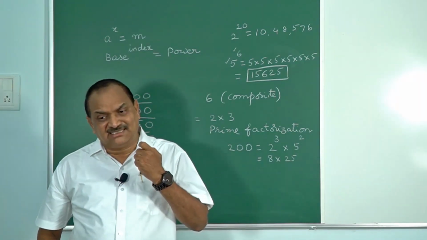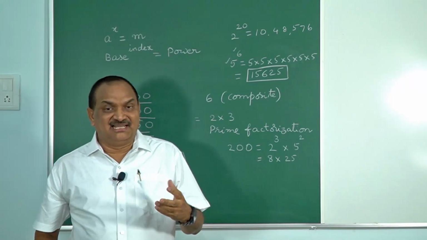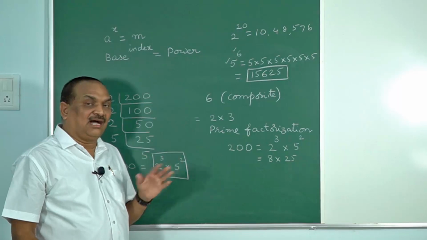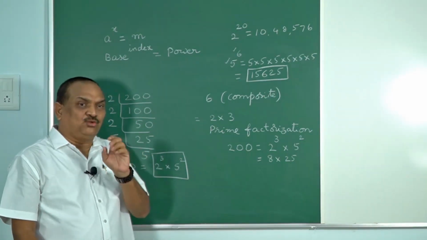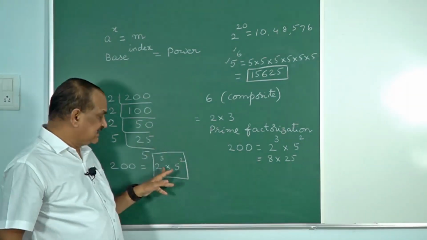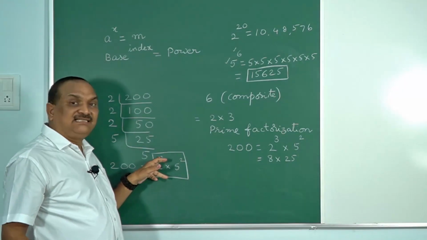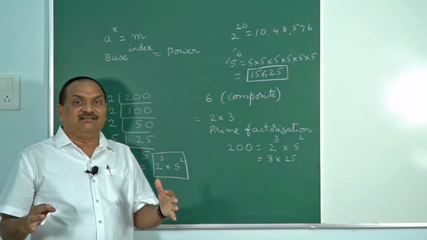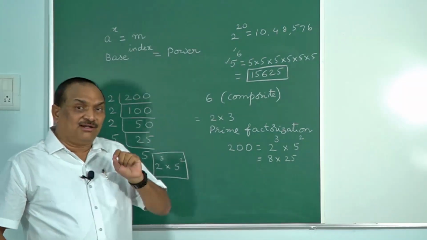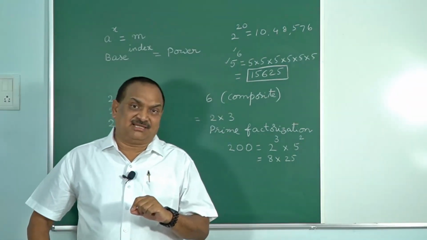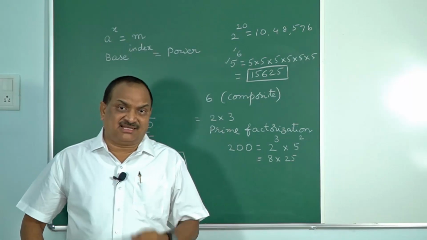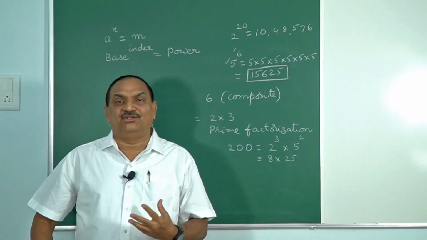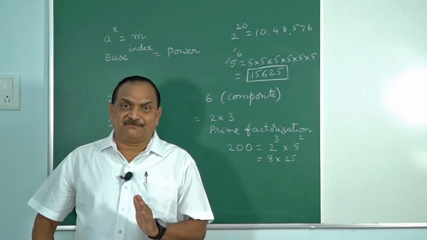But what is the new thing you are learning here? It is that this is unique. Order may be different, but you must have 2 three times and 5 two times. That's it. 2 repeats 3 times and 5 repeats 2 times. And therefore, what you are learning here, as the fundamental theorem of arithmetic, is that the prime factorization, whatever you have done, is unique.